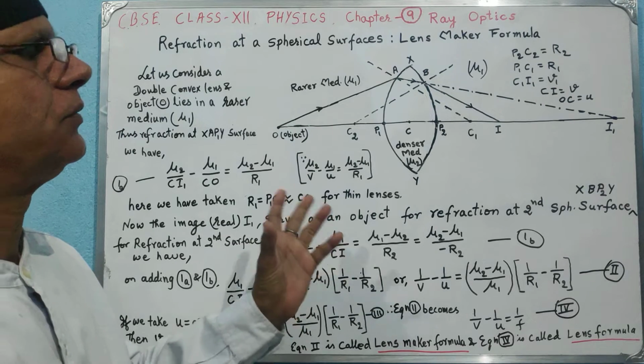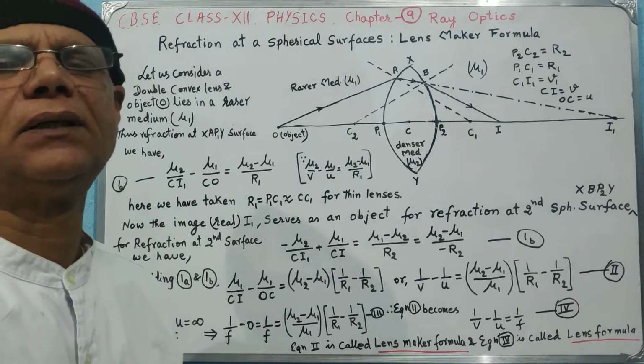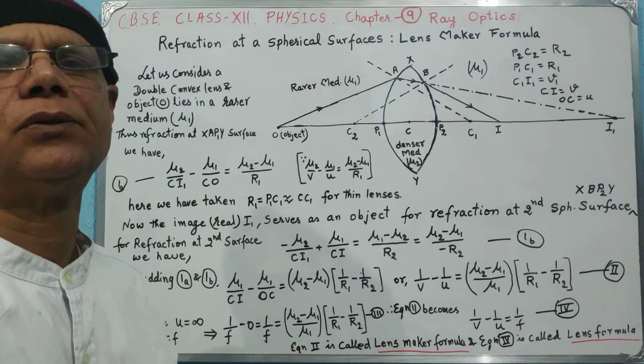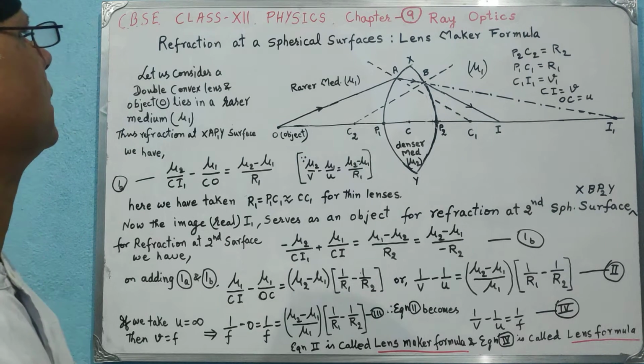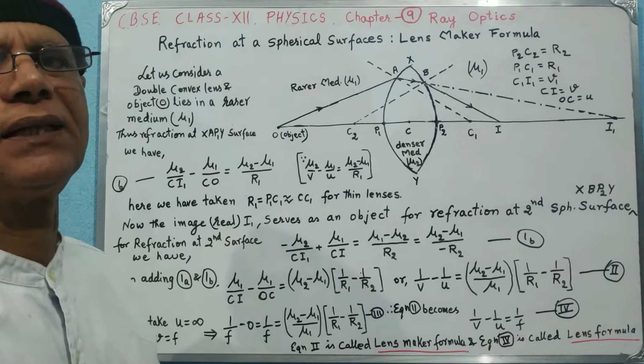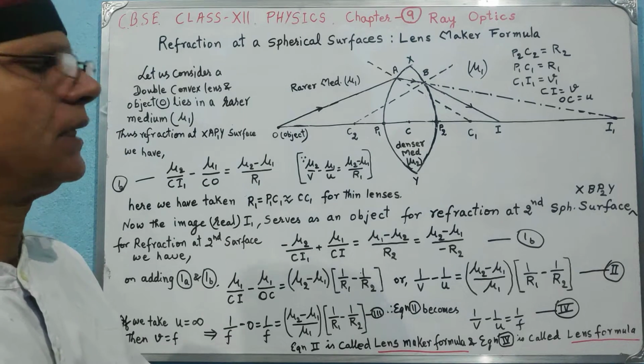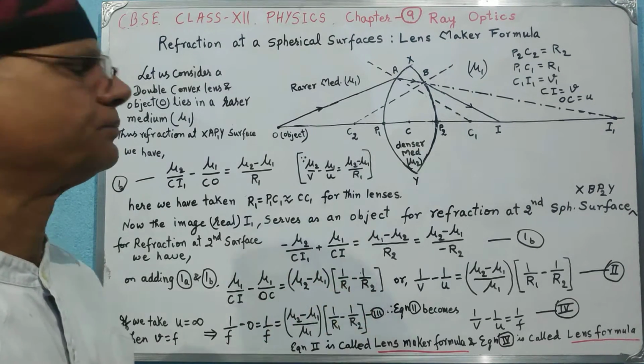Here we are going to use those two relations, so I request you to go through the previous lecture on the refraction at spherical surfaces so that you can understand this topic very well.